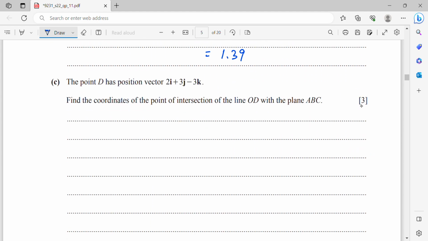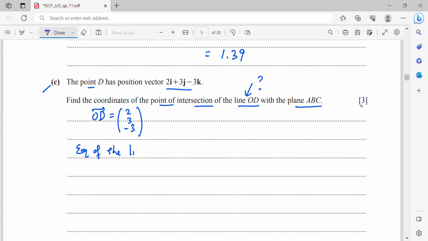Okay, now part C. The point D has position vector 2i plus 3j minus 3k. Which means your OD equals 2, 3, minus 3. Now find the coordinates of the point of intersection of the line OD with the plane. So first of all, we need to find the equation of this line OD. So I will say the equation of the line OD is r equals a plus tb.